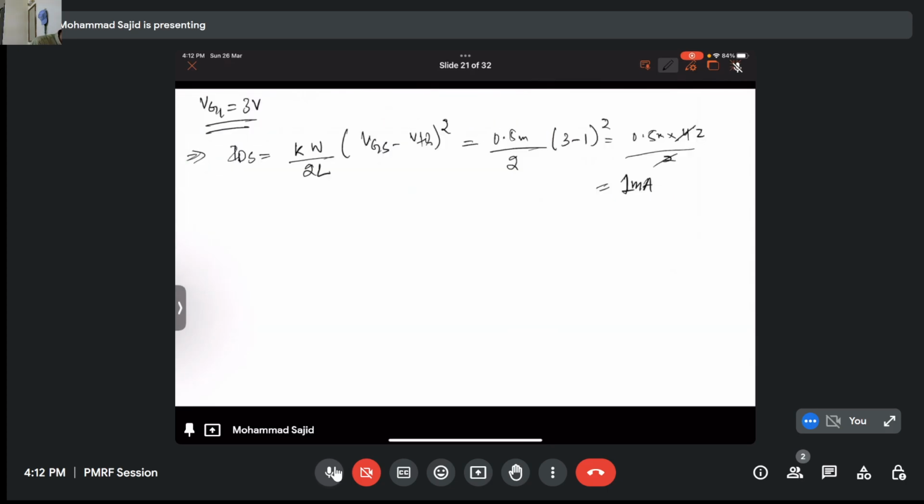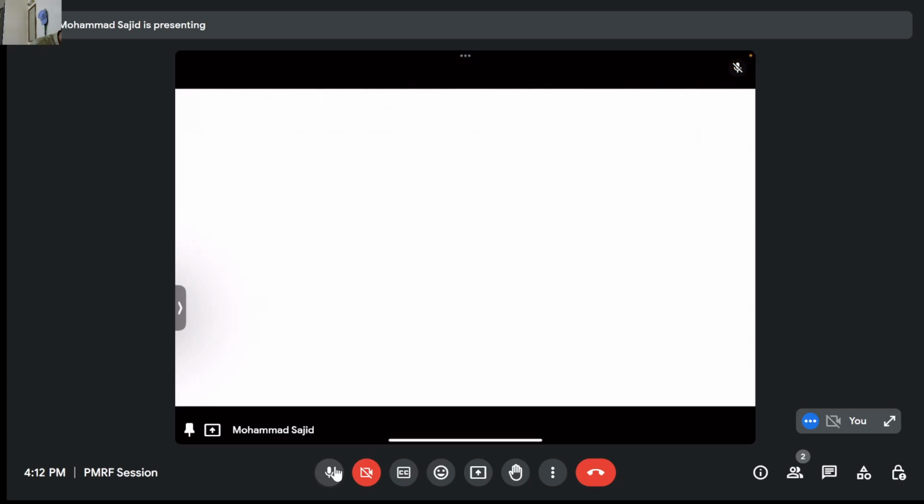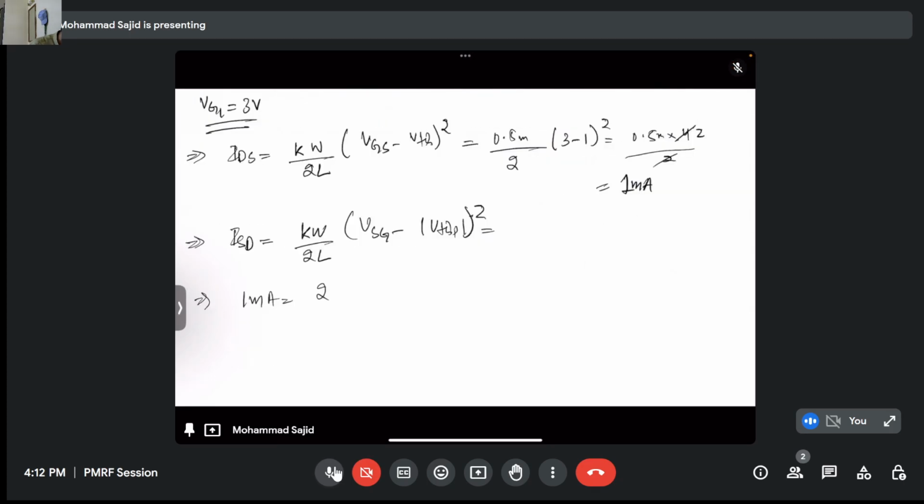Let me just write the equation for M2. That will be ISD is equivalent to Kw by 2L times VSG minus VTHP whole square, right? So ISD is 1 milliampere. Kw by L is 2 milli given to us. 2 milli by 2. VSG is Vs minus Vg2 minus VTH. VTH is given to us as minus 1, so it will be 1 whole square.